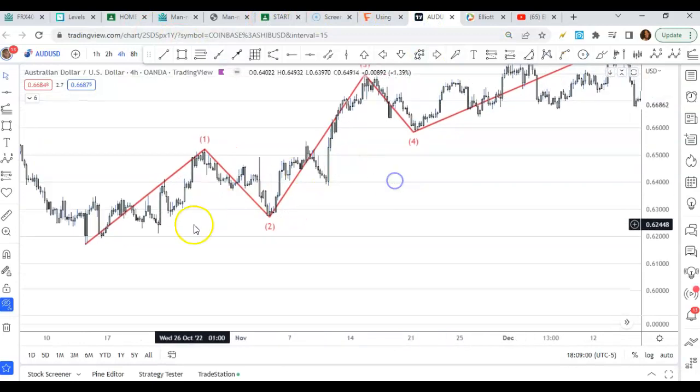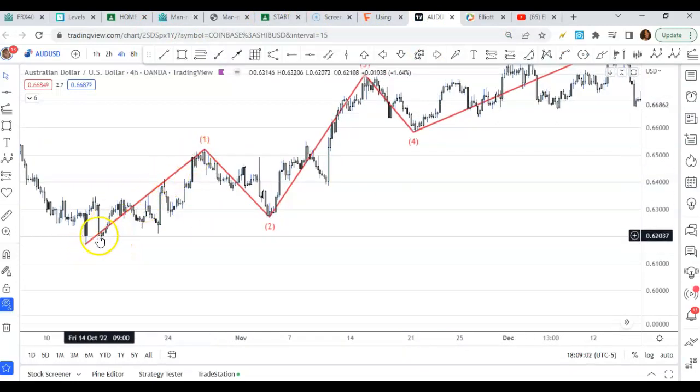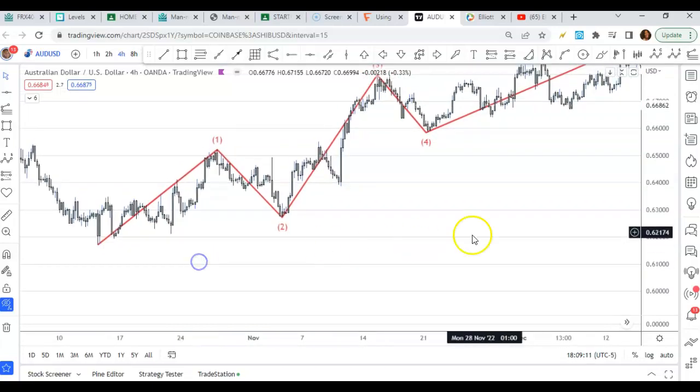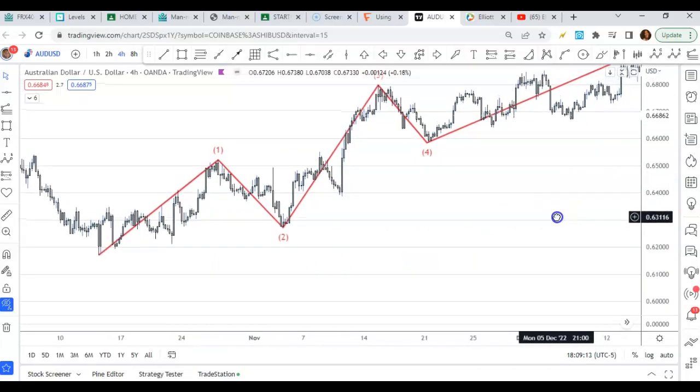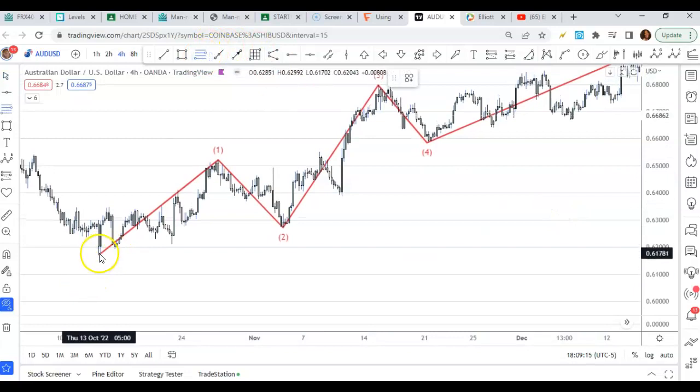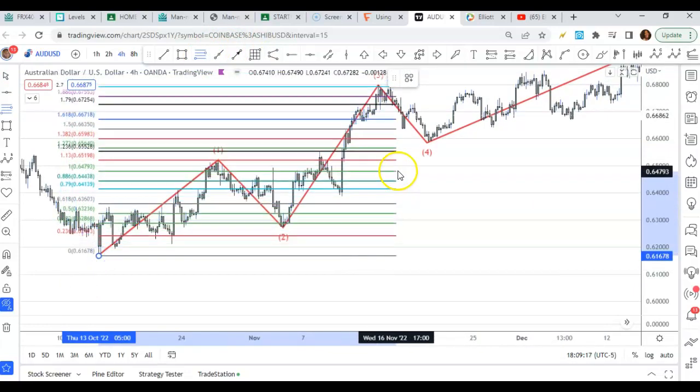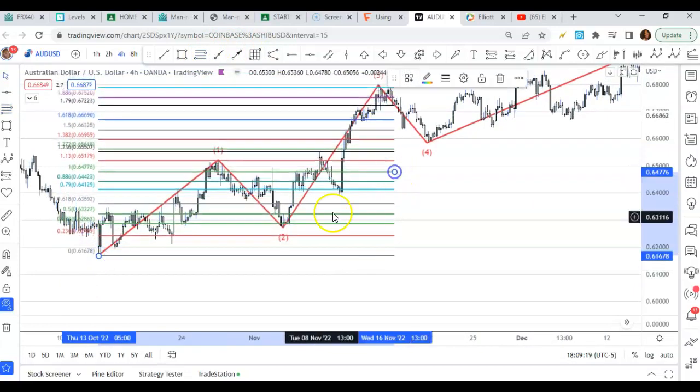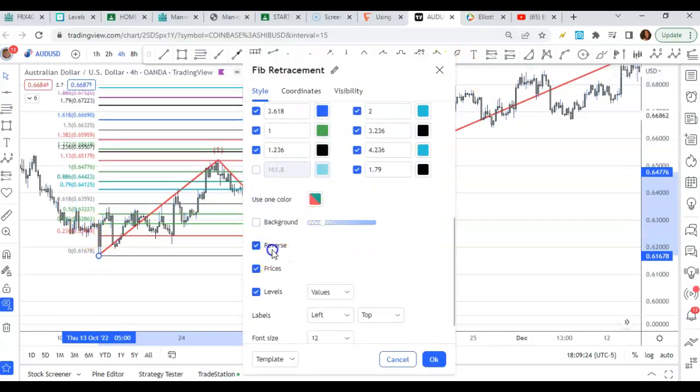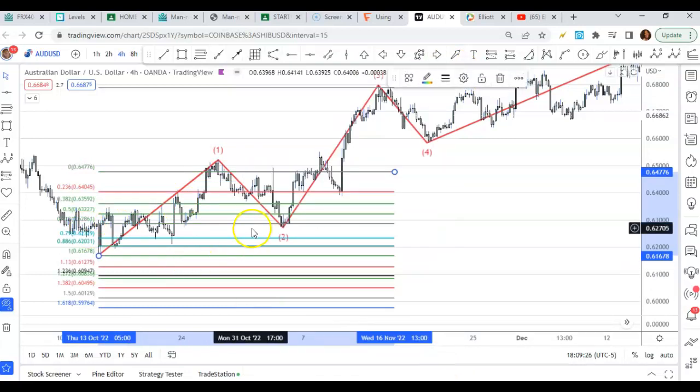Remember, the retracement from 0 to 1, this 2 right here, cannot pull back or exceed 100% of this level, or it invalidates the Elliott wave. As you can clearly see, it did not go below there. The pullback was about at the 618 level.